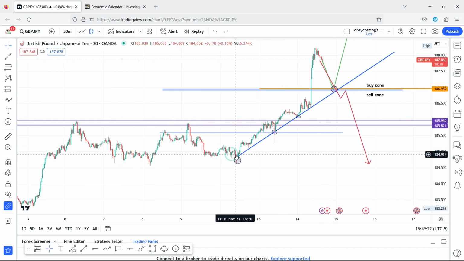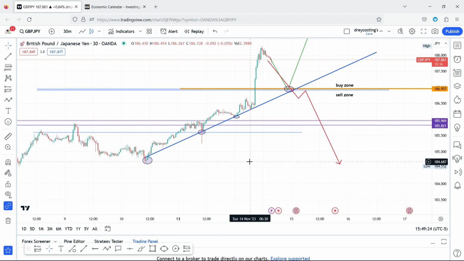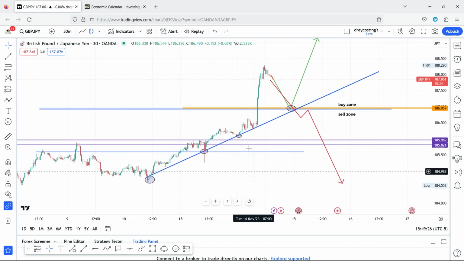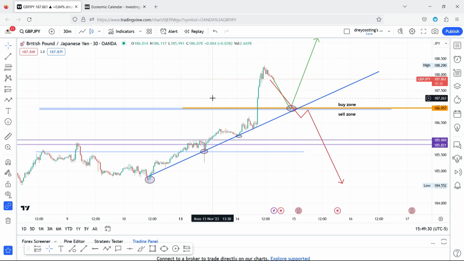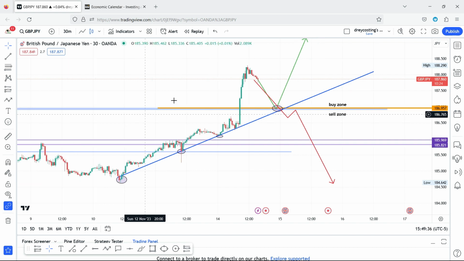From our last video, I was showing you guys on the monthly time frame that we have at least 1,000 pips to go up to the 2015 level. This is just 100 out of it, so we still have roughly 900 more to go. We have a lot more space to go up to the 2015 level.